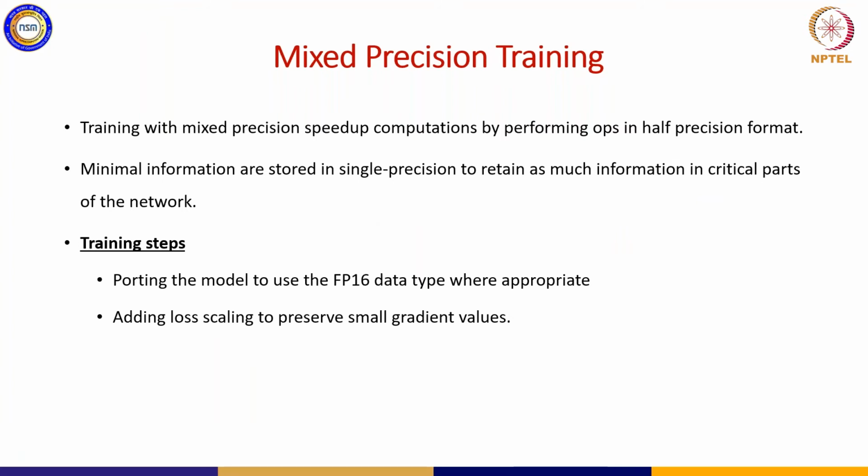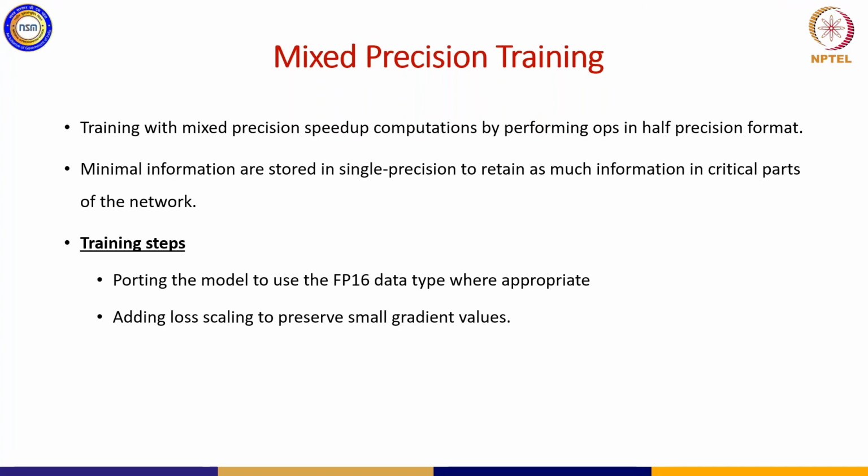Then, mixed precision in training. So how do you train your model using mixed precision? Ideally, training with mixed precision will help you to speed up computation, because those operations are performed in half precision format.